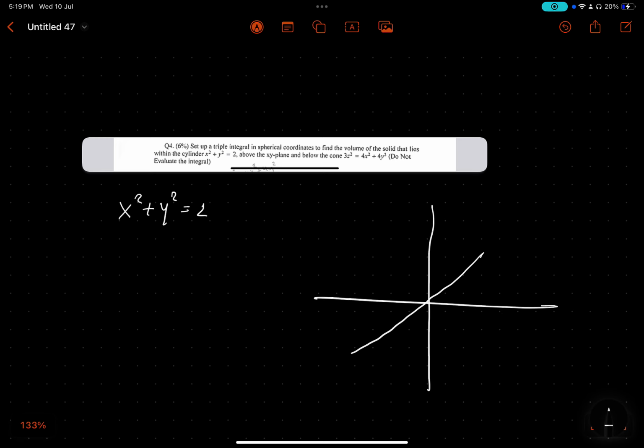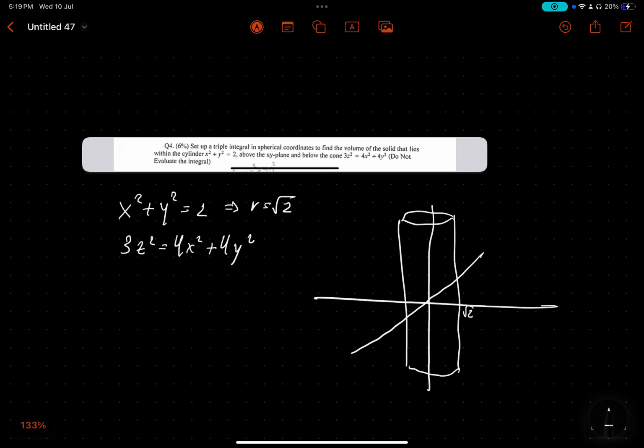Okay, and this is root 2. That's our cylinder, and then we have the cone, 3z squared equals 4x squared plus 4y squared. That's our cone.